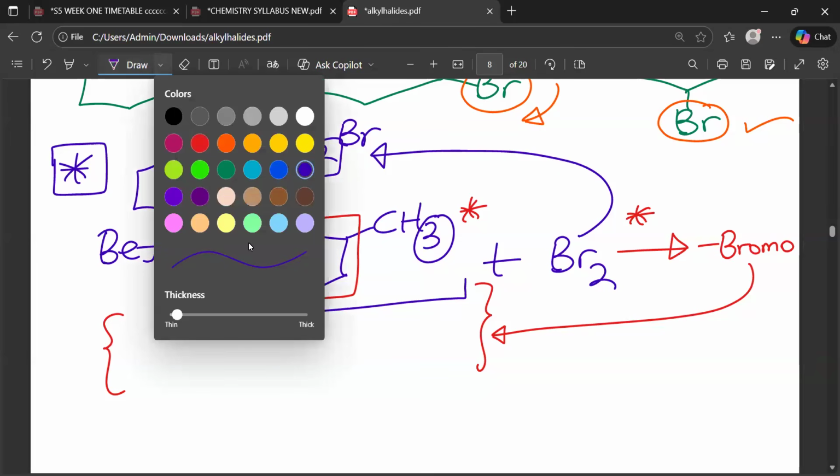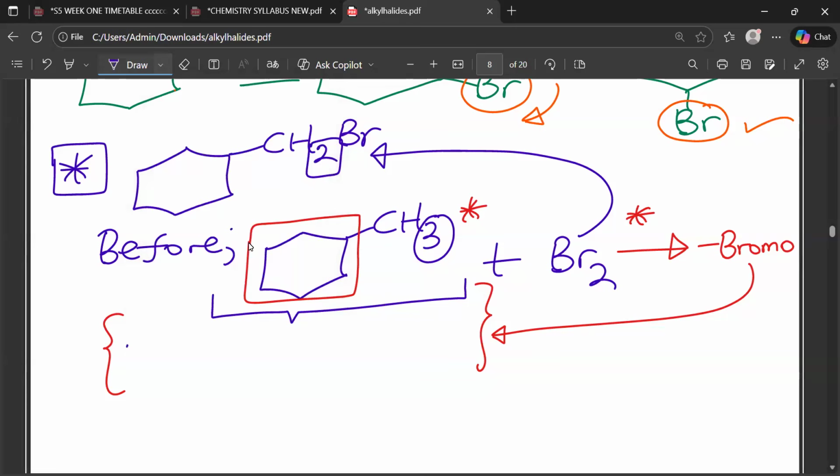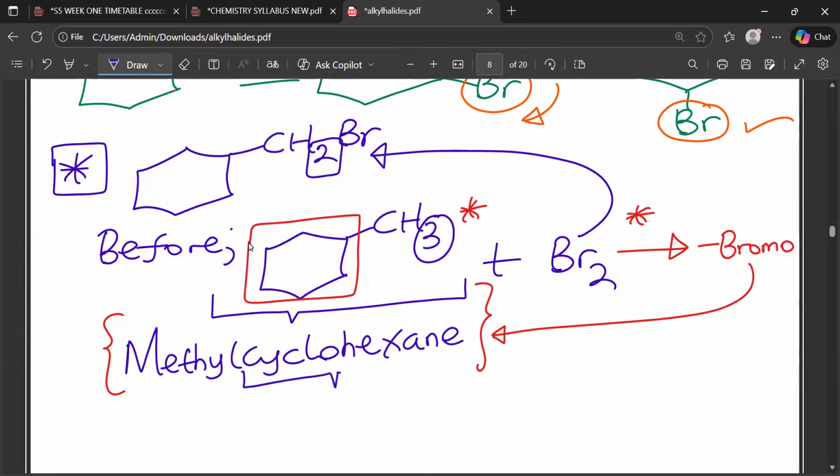You just have to say that it is methylcyclohexane. Everyone will understand that the methyl group is somewhere on cyclohexane. Then when BR comes and attaches itself there, just say bromo, methyl, cyclohexane. One word.